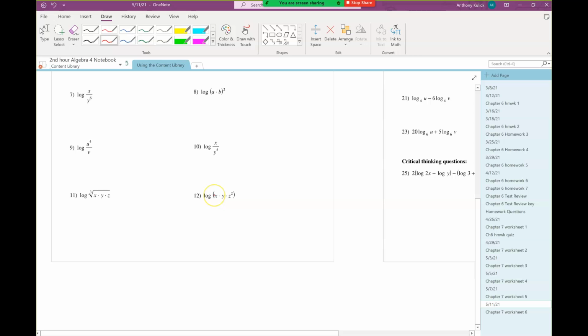For number 12, remember the order for expansion is quotient, product, power. Now obviously there's no quotient property, there's no division going on. I do see two multiplication symbols, so that's two product properties.